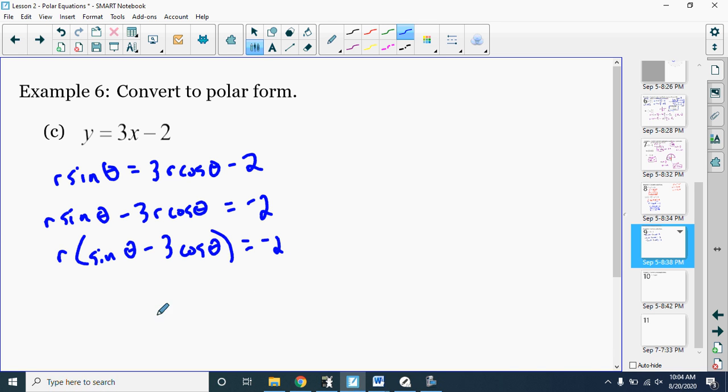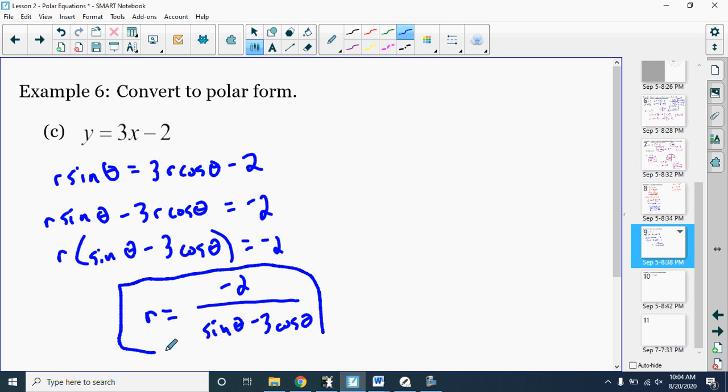And divide by whatever's left over. And that is the polar form of this line.